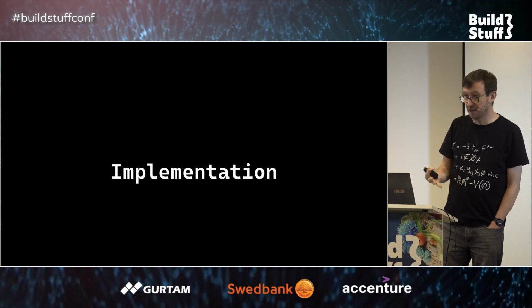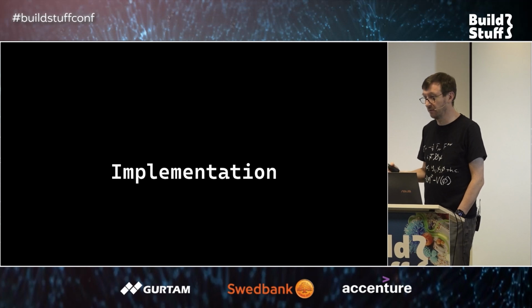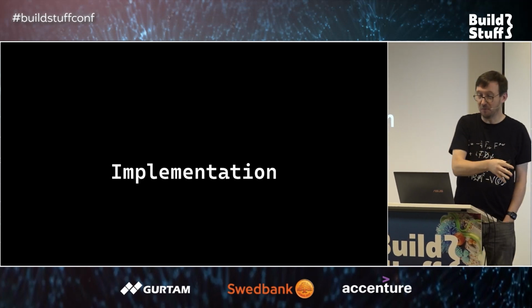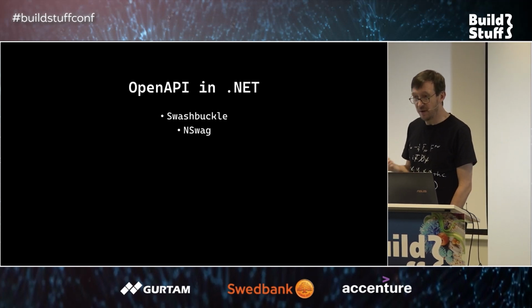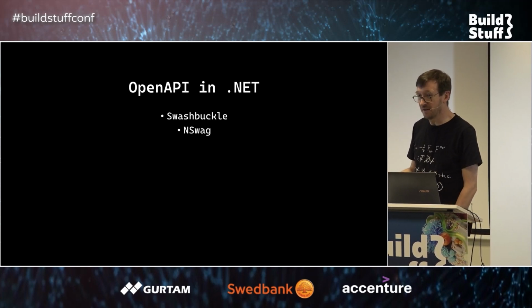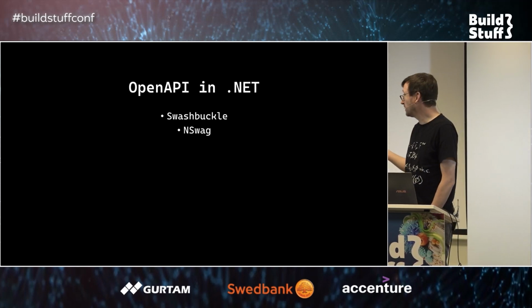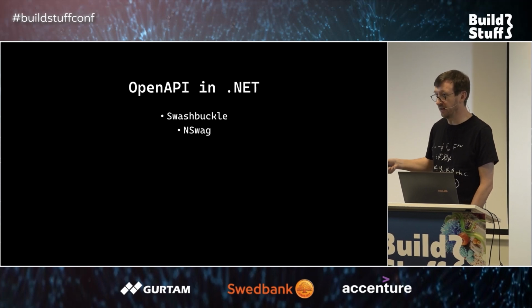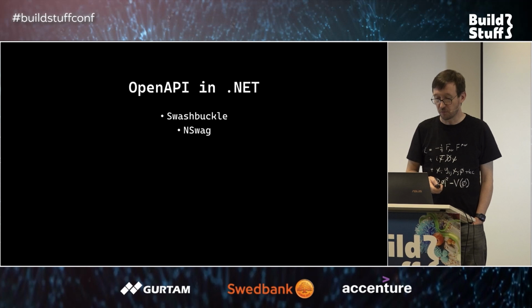This talk is specifically for .NET developers because as far as I'm aware, the rest of the world actually does do this right. So this is for .NET people because we are doing it wrong. Because when we talk about OpenAPI in .NET, we talk about Swashbuckle and NSwag. Mainly Swashbuckle because Microsoft seemed to sort of bless Swashbuckle and include it in the box in new .NET API projects.